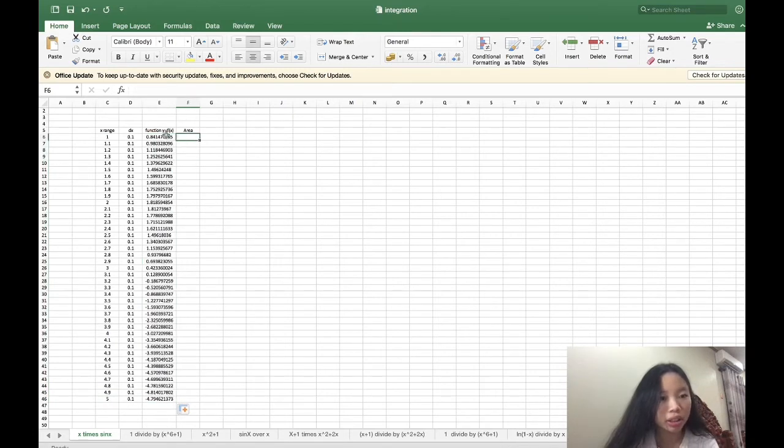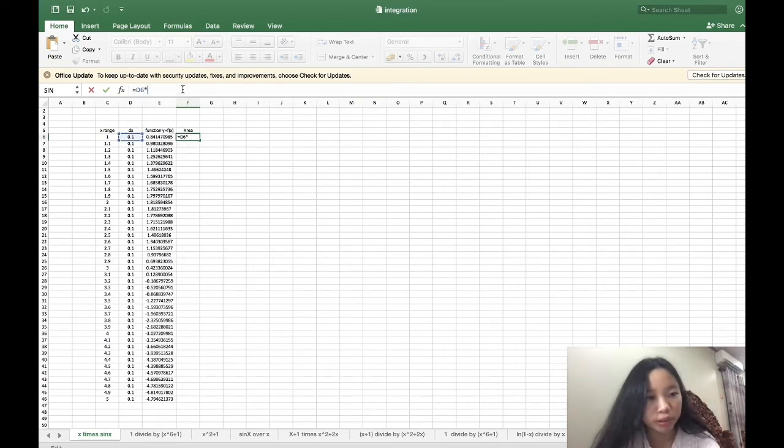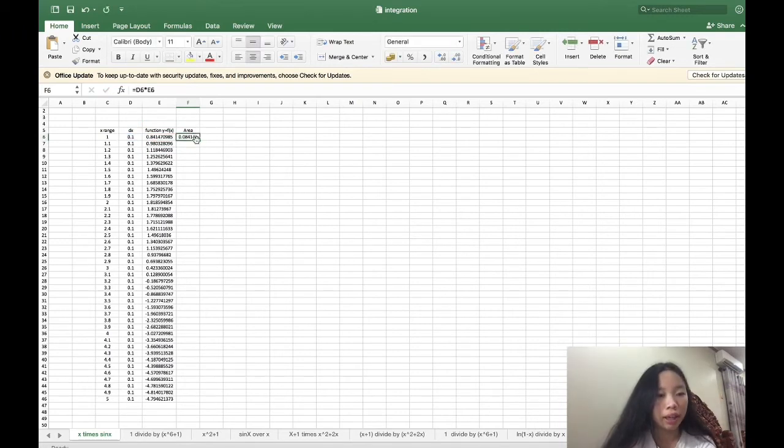The area is the multiplication of these two cells, so equals D6 times E6. Drag it down till here.